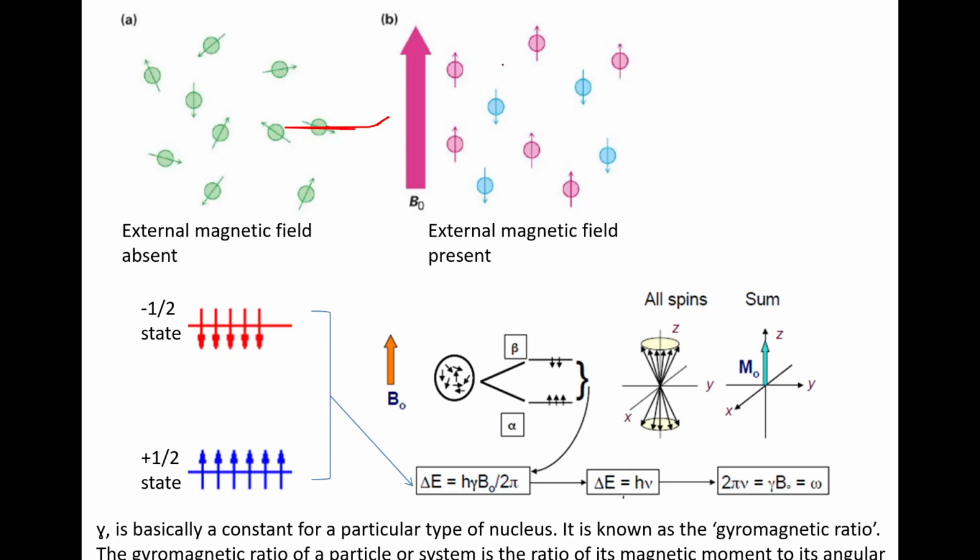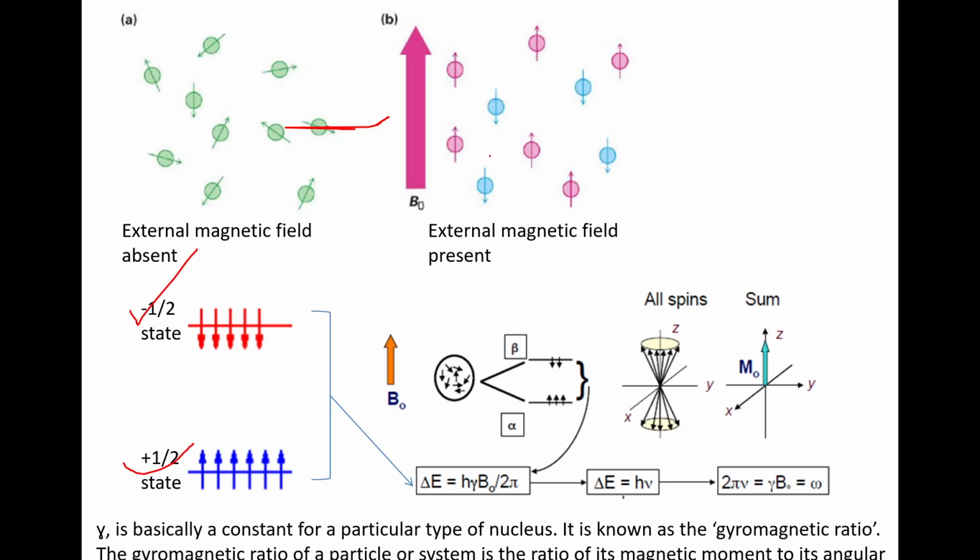Okay, and this plus half and minus half state occurs only because of this external magnetic field. This minus half state is said to be a higher energy state, whereas this plus half state is a lower energy state, because here the direction of the dipoles is aligning with the external magnetic field.